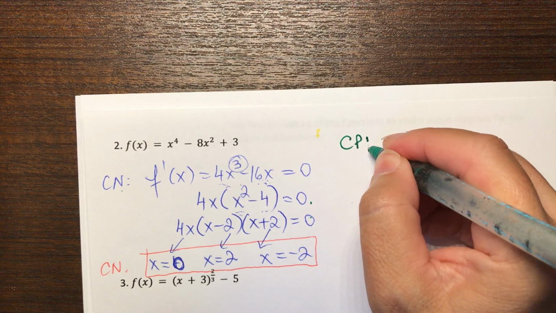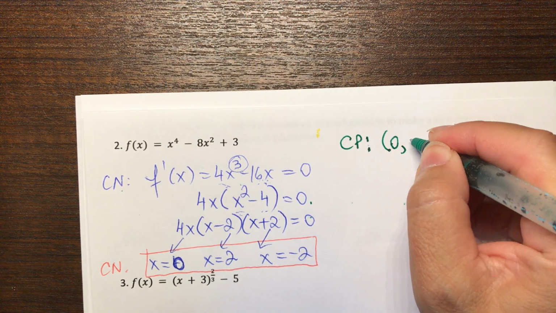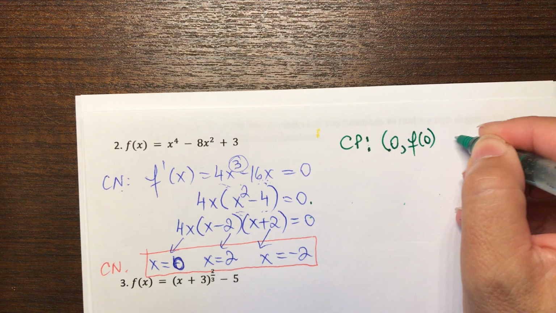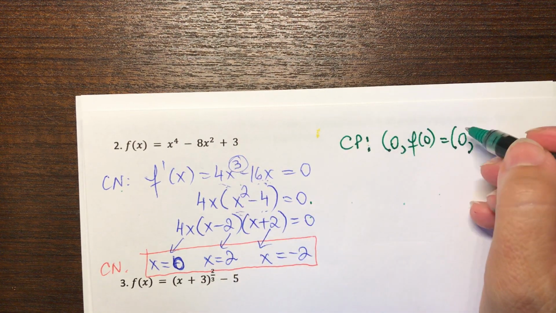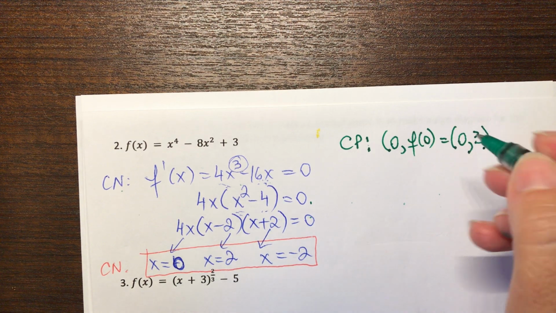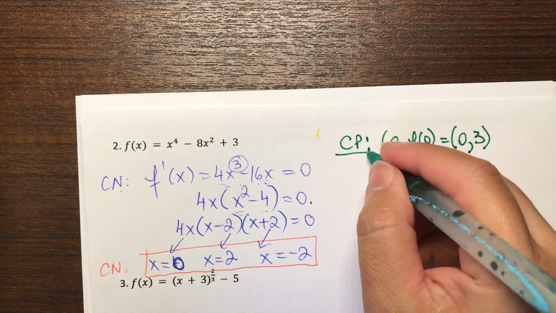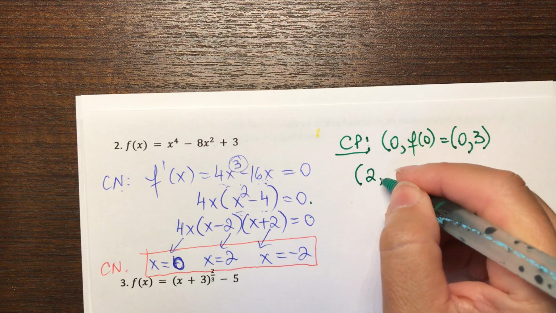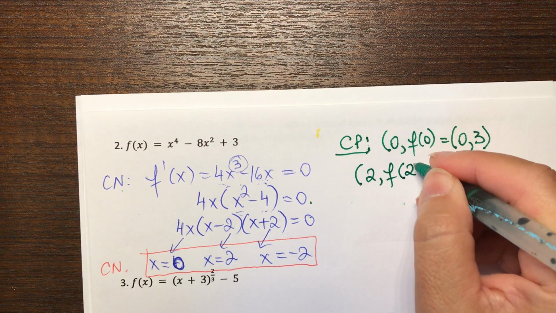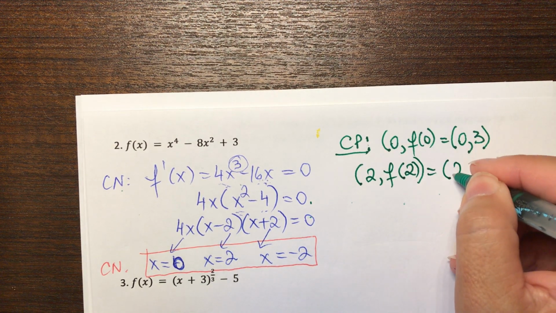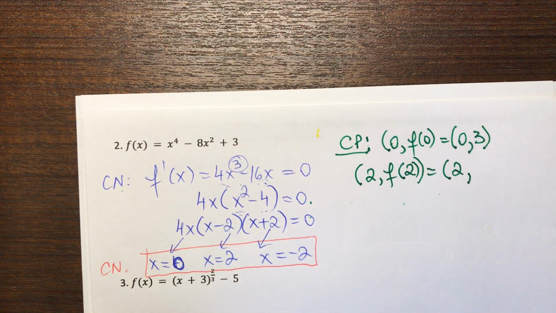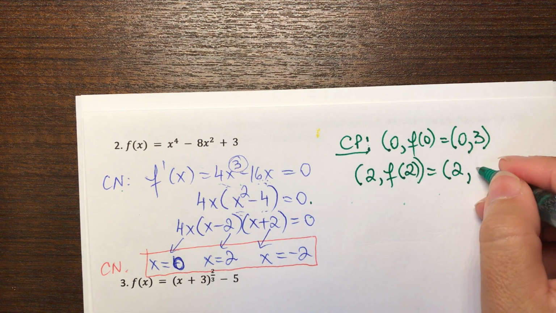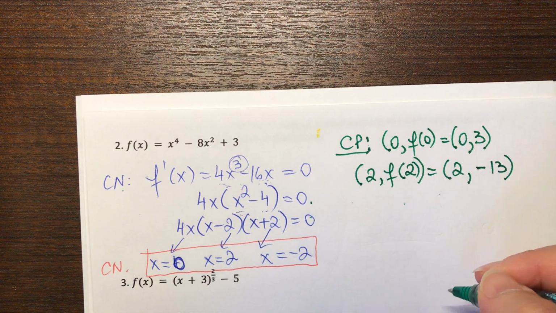Okay. What are the critical points to this? No problem. I'm going to take each one of these values and plug them into my function. If you plug in a 0 here, you'll get a 3. Okay, let's plug in the 2. 2 to the 4th is 16, minus 8 times 4 is 32, so negative 16 plus 3 should get you a negative 13.